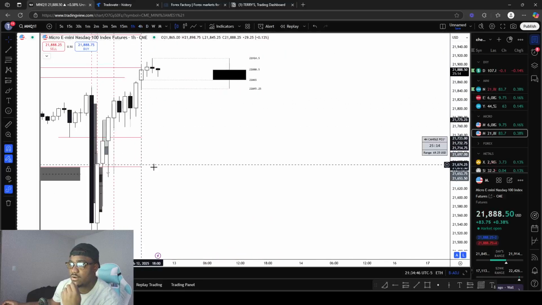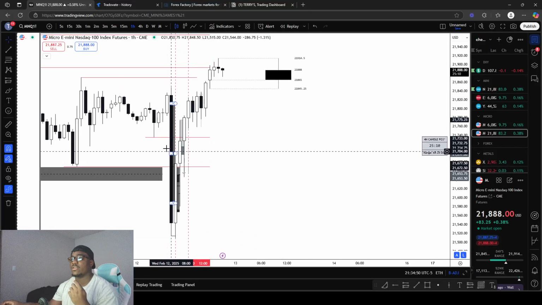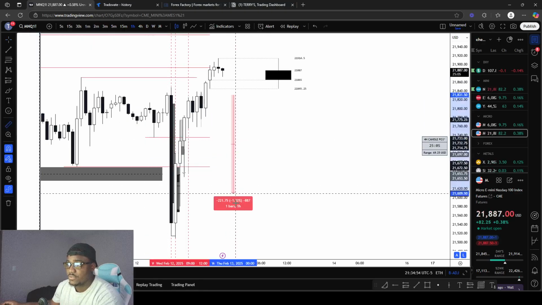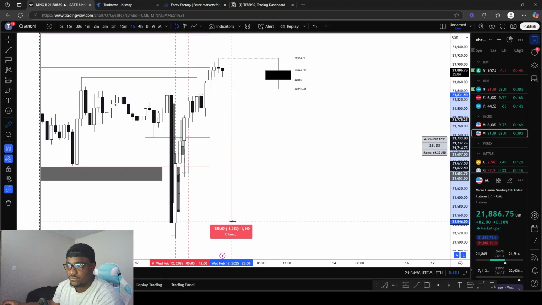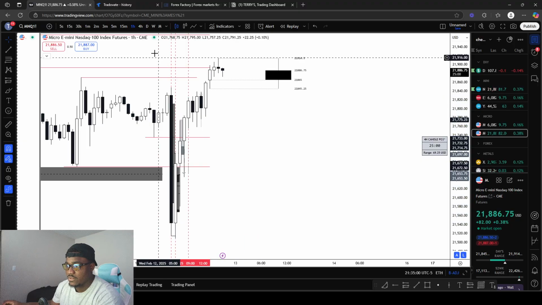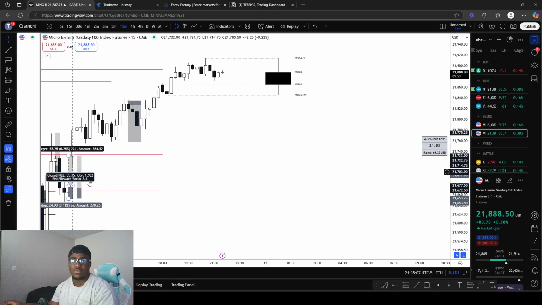Also, hourly. Then today we had this huge down candle right here, which was 317 ticks right there. It's insane. So we had that going on.